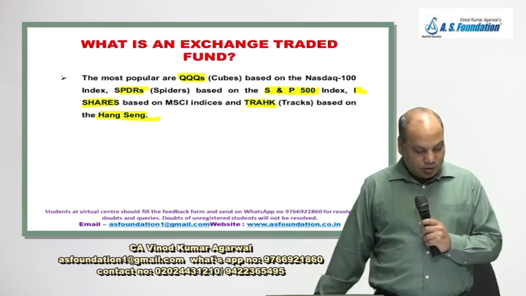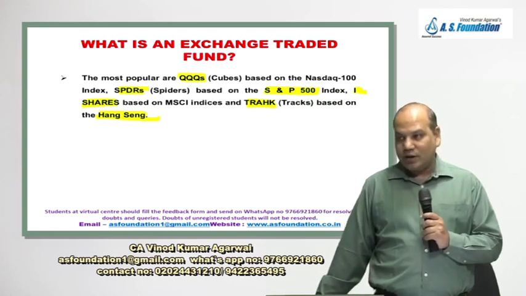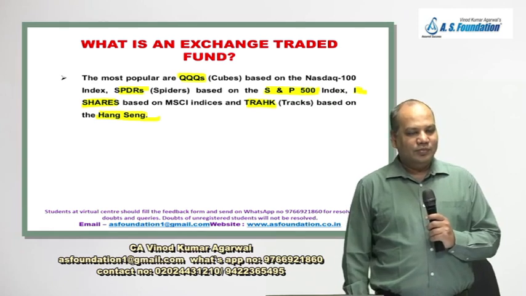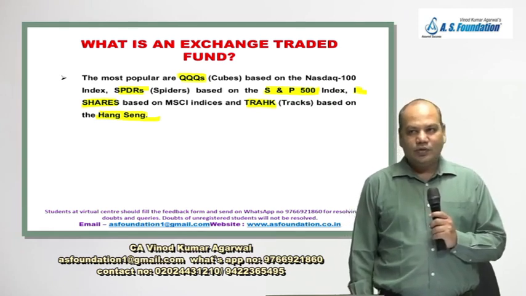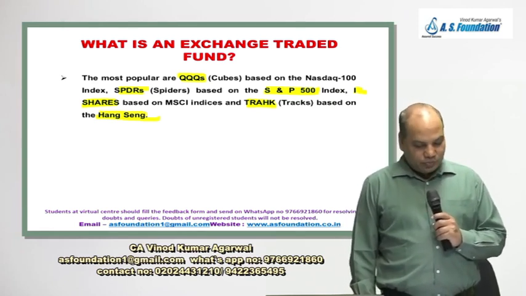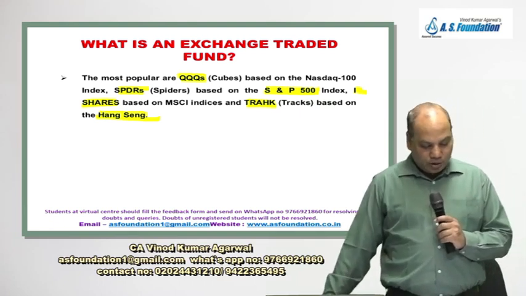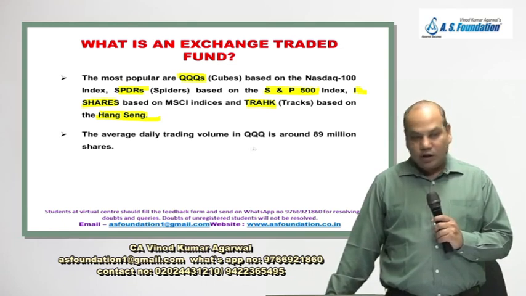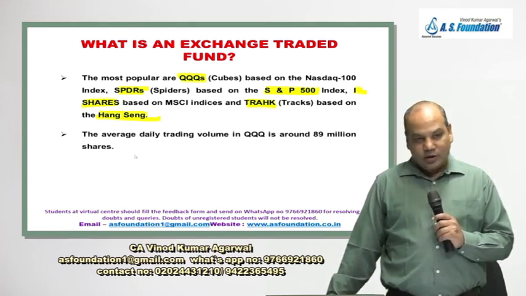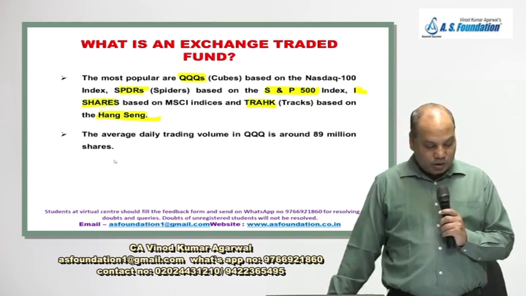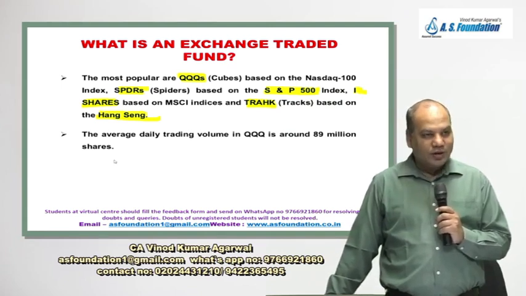If it is written Hand, you make it Hang Seng. The indices of Hong Kong Stock Exchange, is it right? And they have written the average daily trading volume in cubes is around 89 million shares.